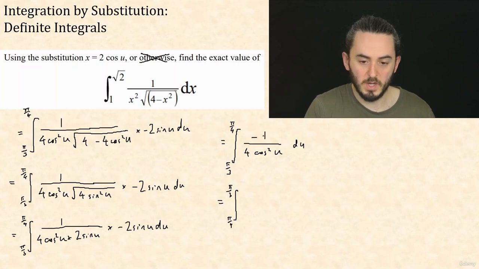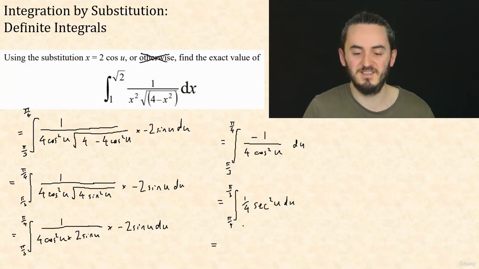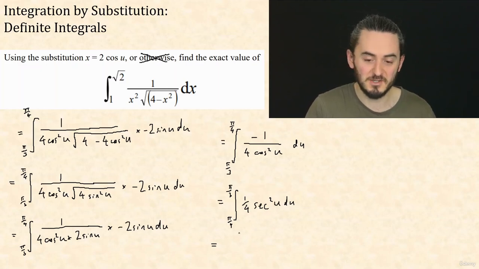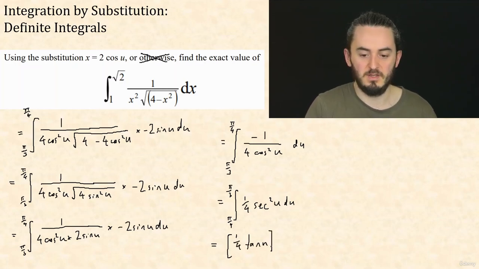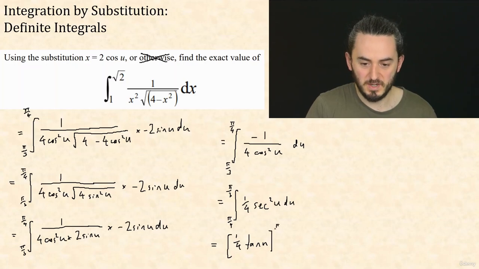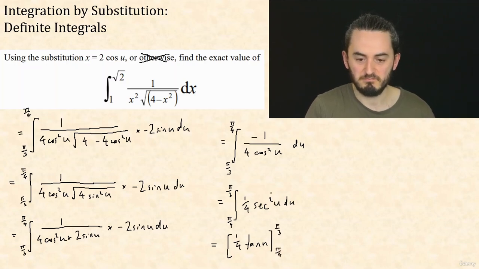So I've got 1 over 4 cos squared u. Well, that's the same as 1/4 sec squared u. And that's good because sec squared u is a known derivative. It's the derivative of tan u, which means my answer is 1/4 tan u. Okay, and that's between pi over 3 and pi over 4.